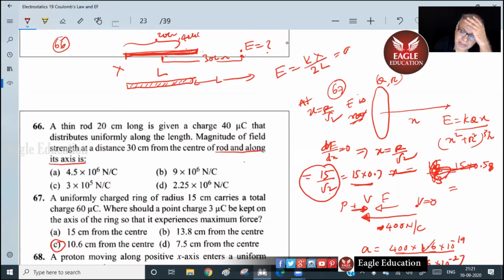K is 9 into 10 to the power 9. Lambda is 40 microcoulombs by 20 centimeters: 40 into 10 to the power minus 6 by 20 into 10 to the power minus 2. K lambda by 2L, where L is 20 centimeters.